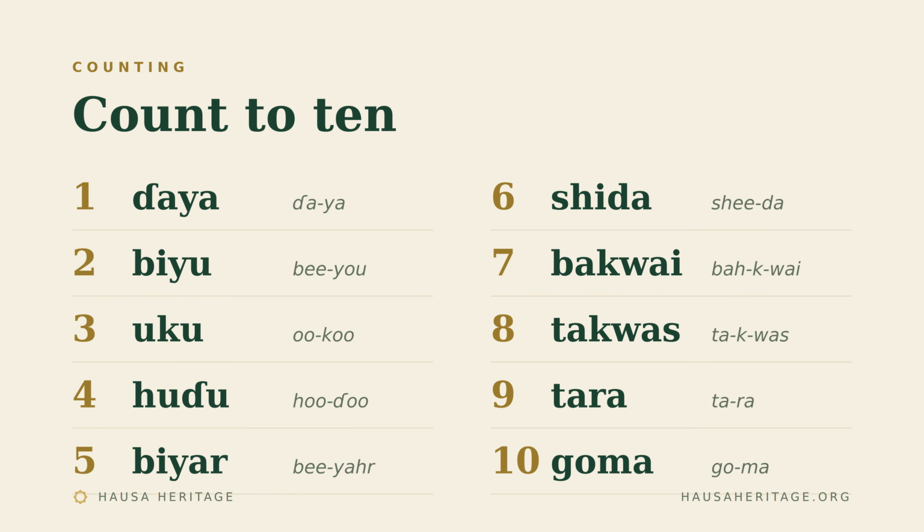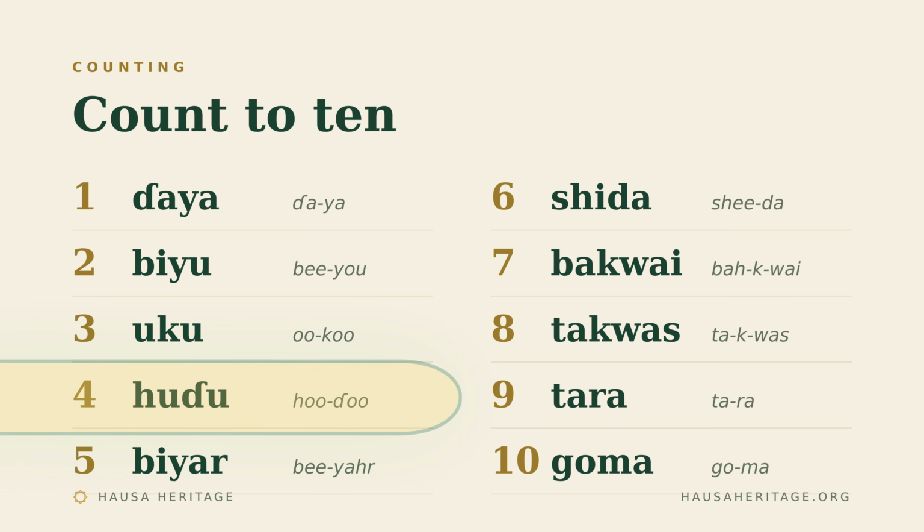Now let's count from 1 to 5. Ɗaya means 1. Say it with me. Ɗaya. Biyu means 2. Say it with me. Biyu. Uku means 3. Say it with me. Uku. Huɗu means 4.